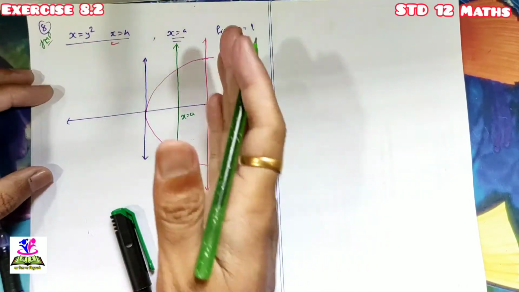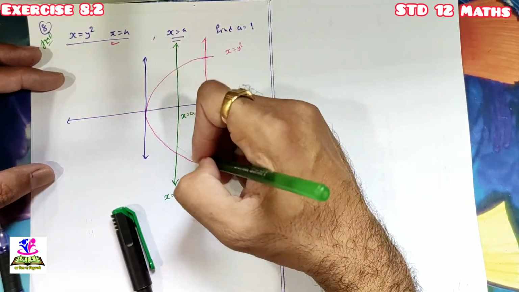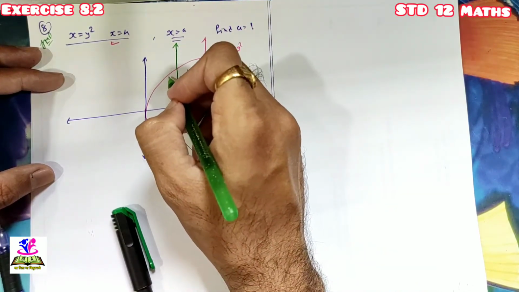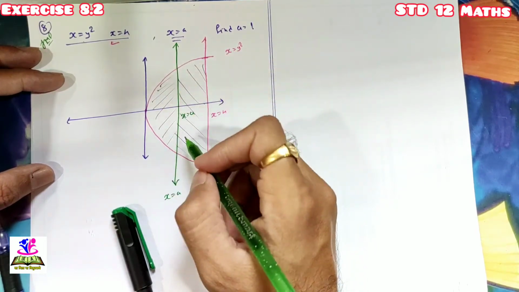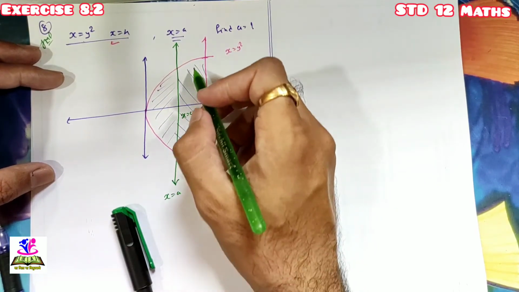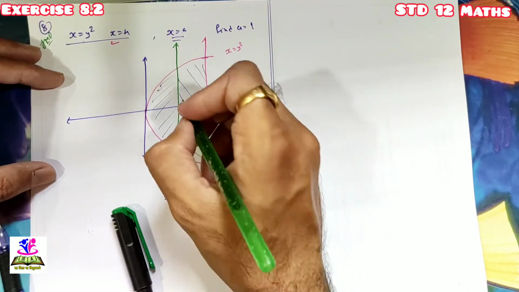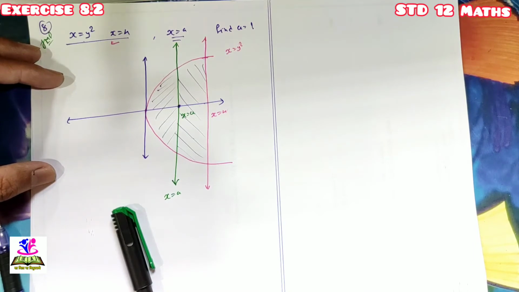Two equal parts are there. ये वाला और ये वाला. Done. This area is equal to this area. The line x equal to a divides the area enclosed by this parabola and the x equal to 4 line into equal parts. You have to find the value of this a. This is the question.